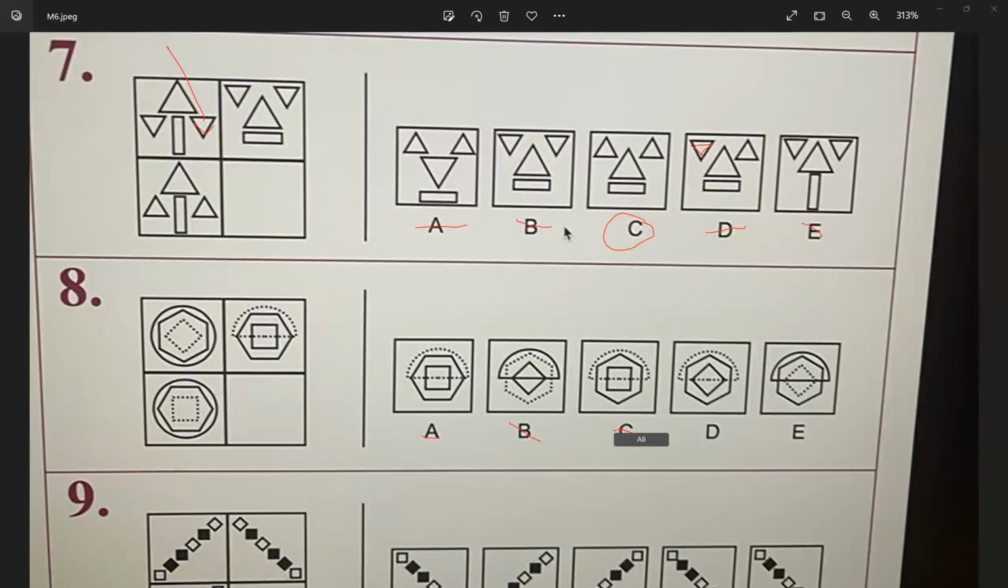Also, the diamond in the middle will turn solid, so it can't be E. You'll know the answer is definitely D. And also it can't be E because the diamond isn't changing into a solid line, and when the semicircle goes on top of the hexagon, it's supposed to be dotted, not solid. So I think the answer is D.